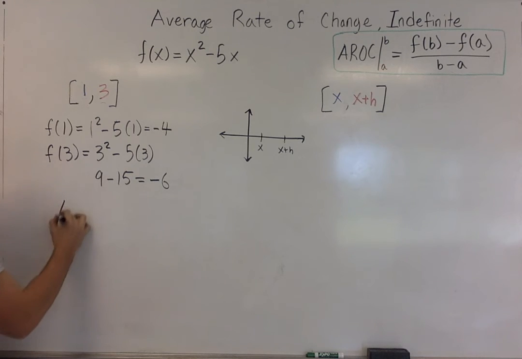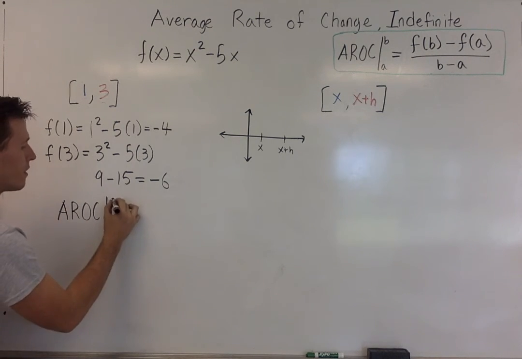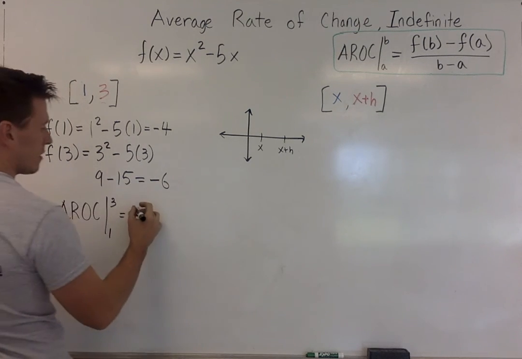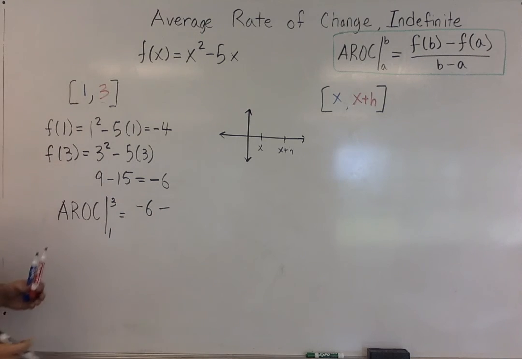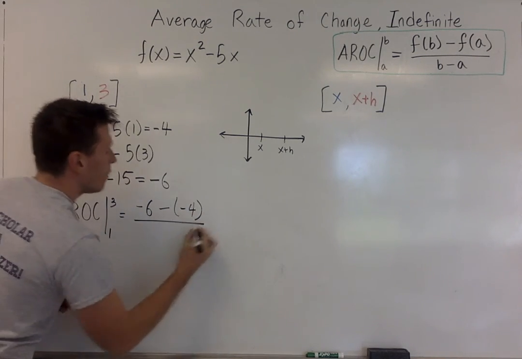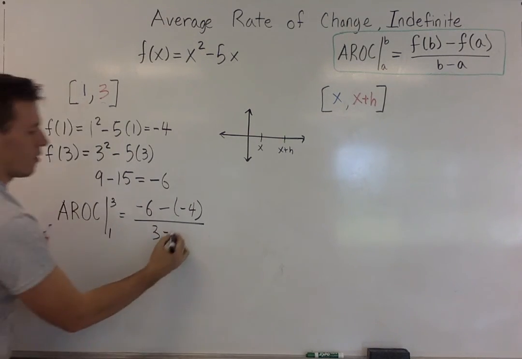So my average rate of change from 1 to 3 would be my final output, negative 6, minus my initial output, negative 4, all over my final 3 minus my initial 1.